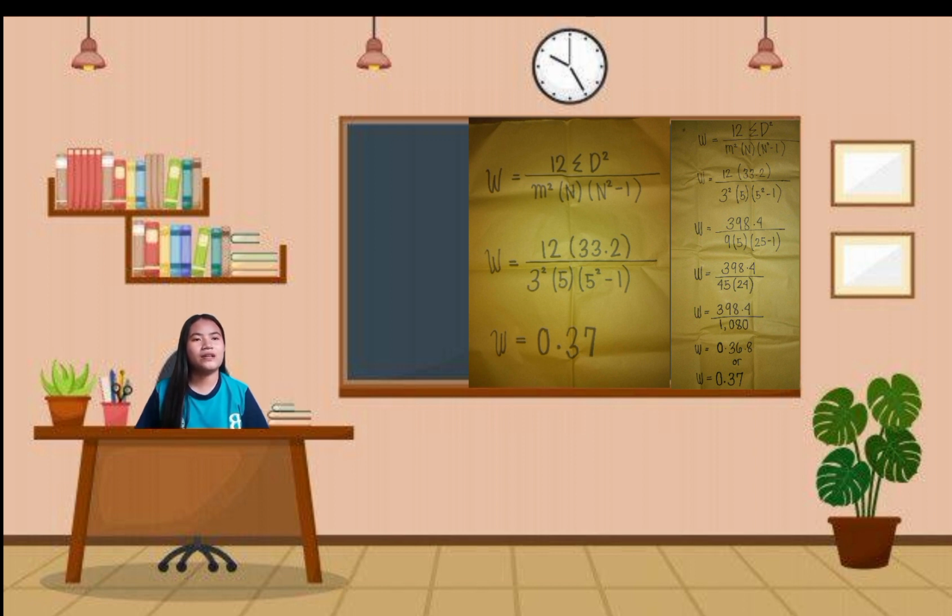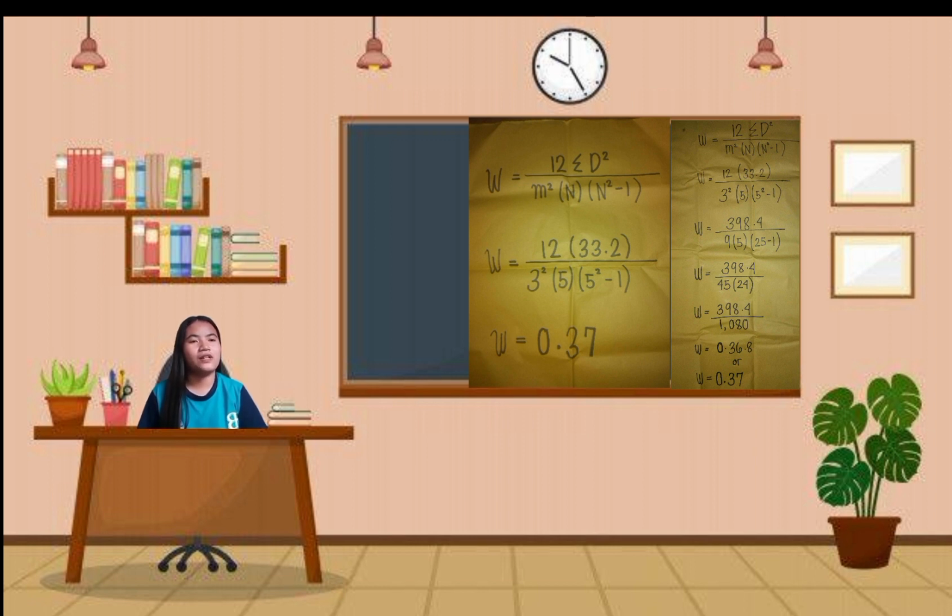So, W is equals to 12. Ano nga ba ulit yung summation of D squared? Ito yung 33.2. So, yung M squared naman, the number of raters squared. So, yung number of raters natin is 3. So, 3 squared times the number of demonstrations. Ilan nga ba yung number of demonstrations?